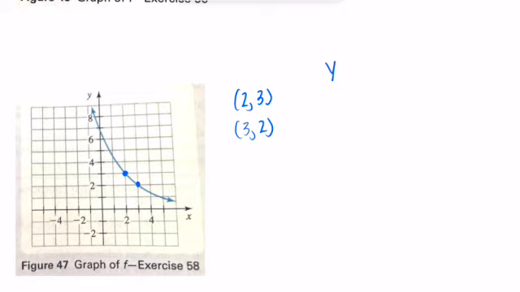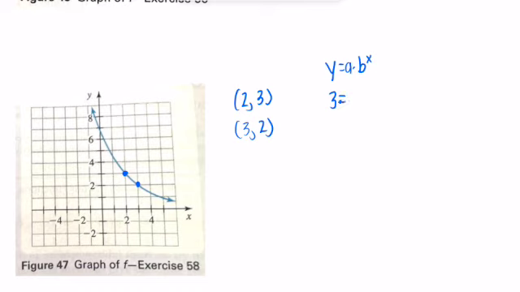Now we're looking for something of the form y equals a times b to the x. We don't have the y-intercept at this point, so we can't at this point write down what a is. What we can do based on that first point is plug in 3 for y and 2 for x.